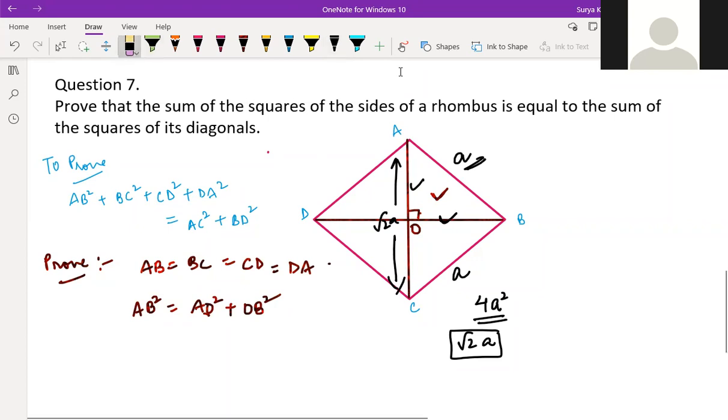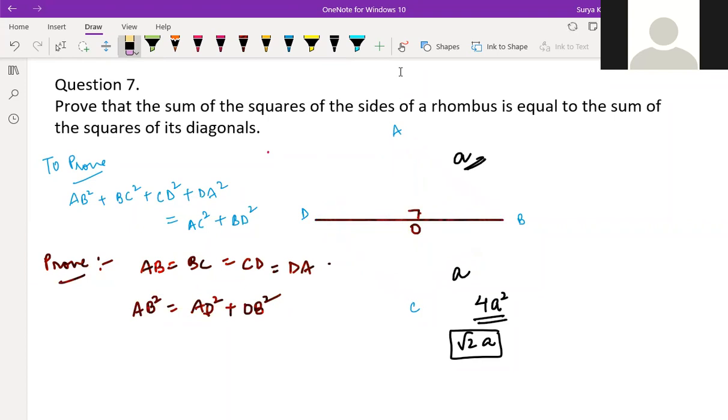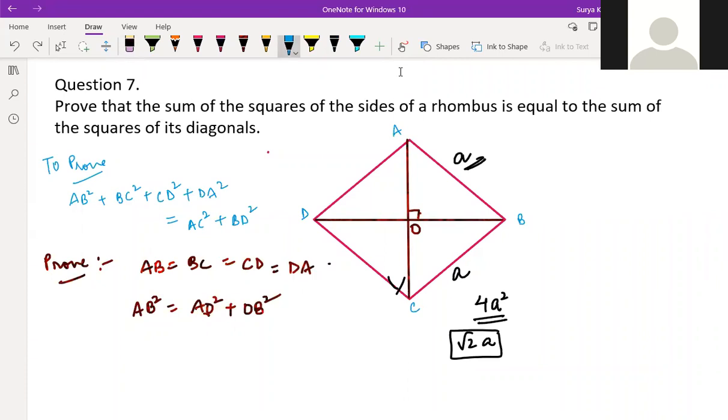Okay, 1 minute. Wait. Which triangle are you taking? Tell me, Drishi, which triangle are you taking? Let me just see here. ABC.